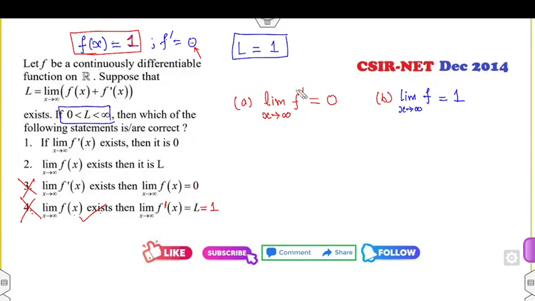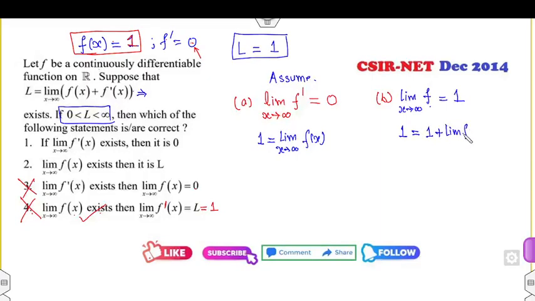Now look at that. First, assume that this holds. Then I can substitute this value at this point. L is 1, so the limit as x approaches infinity of f(x) is 1.